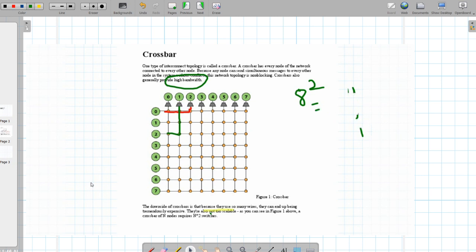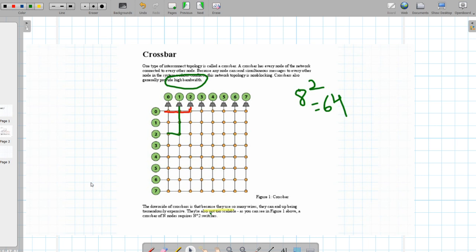If you count the yellow circles, you will find that there are 64 such yellow circles, which basically represent switches connecting two processors among themselves.